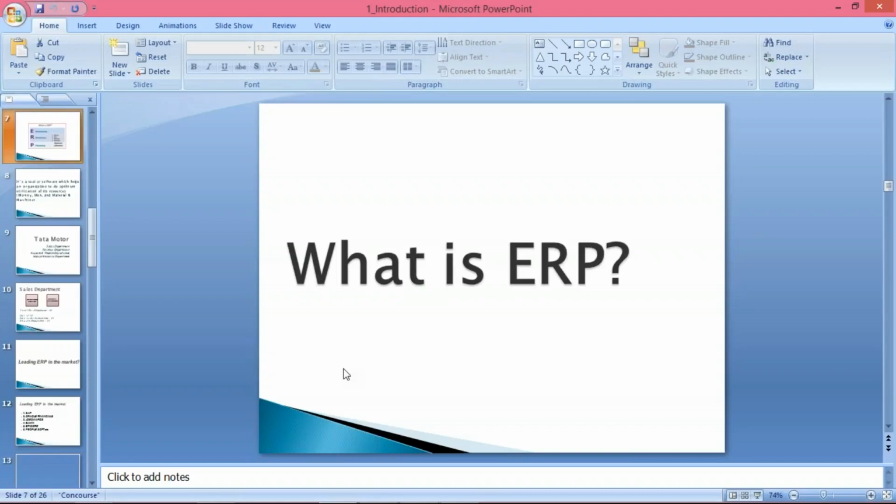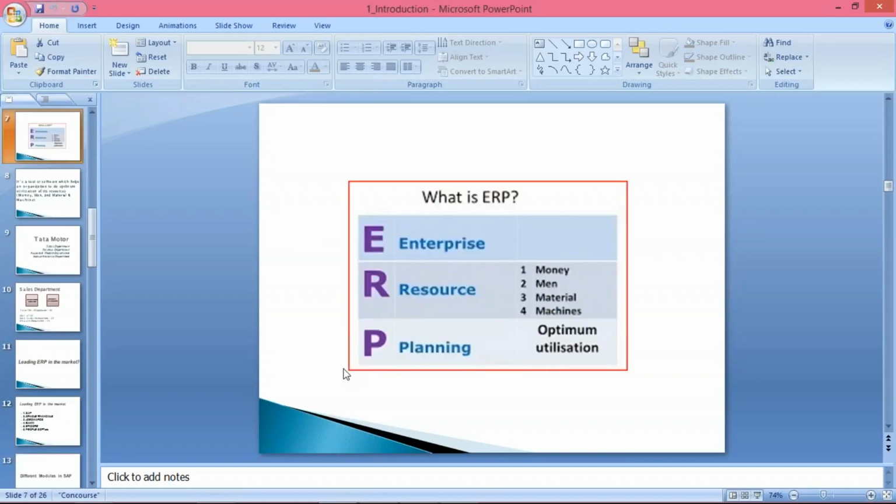And here is the answer. The answer is hidden in the full form of ERP. ERP stands for Enterprise Resources Planning. Now, if we break this into enterprise separately, resources separately and planning separately, then we will get our answer.